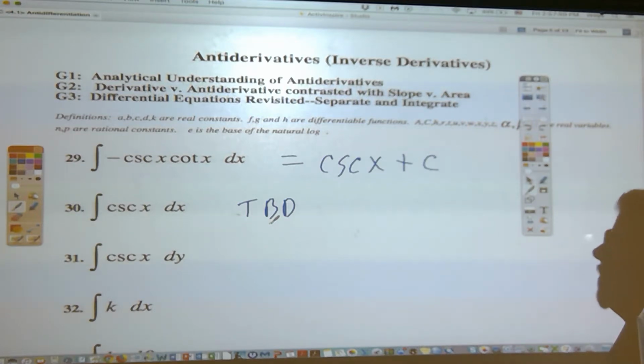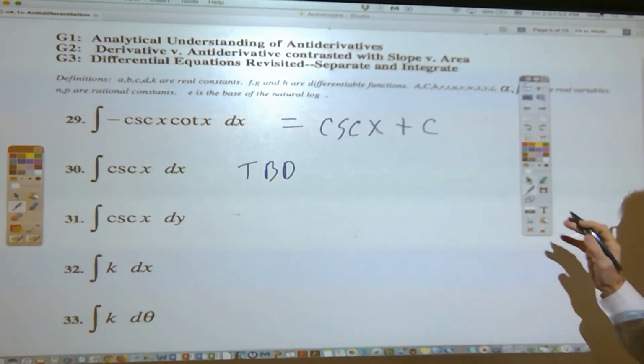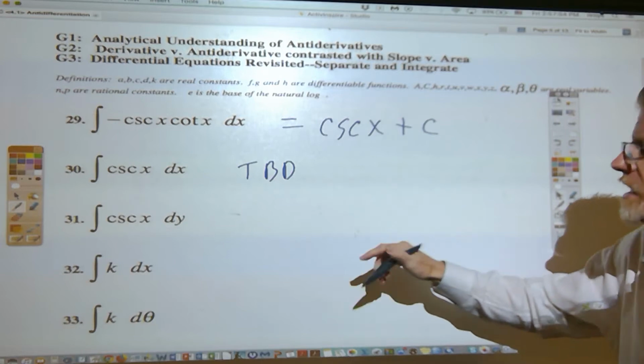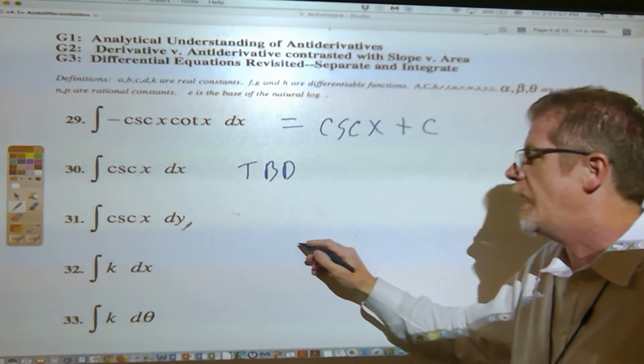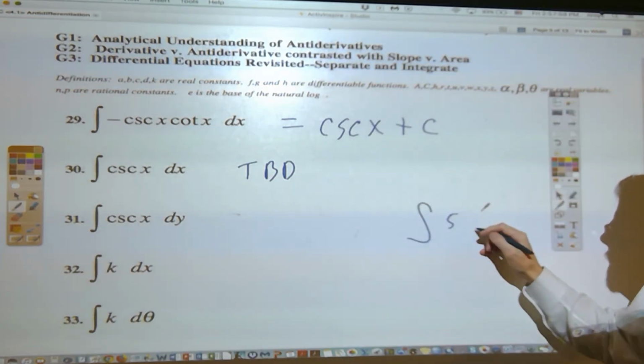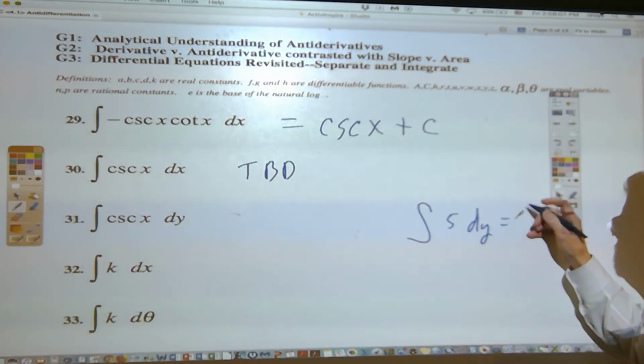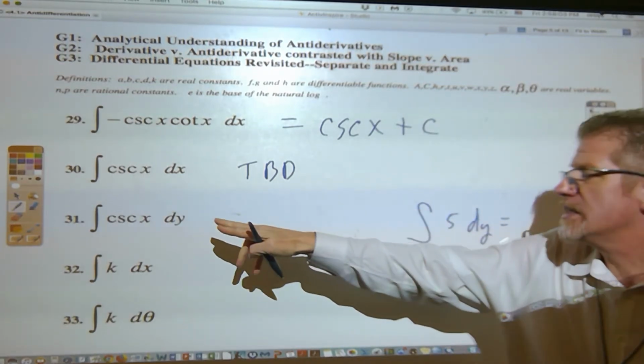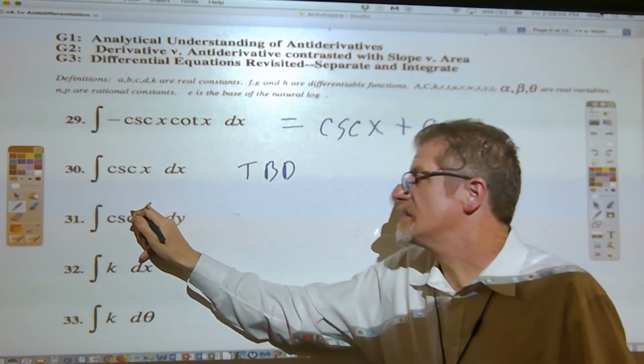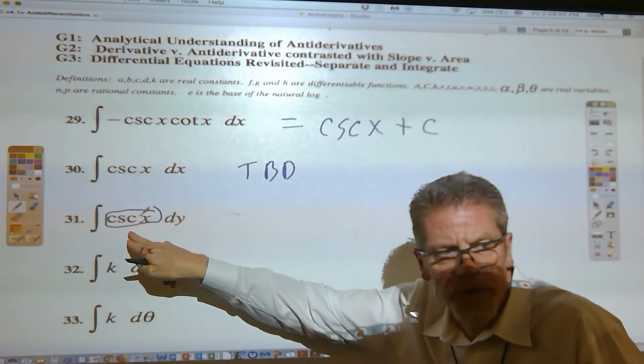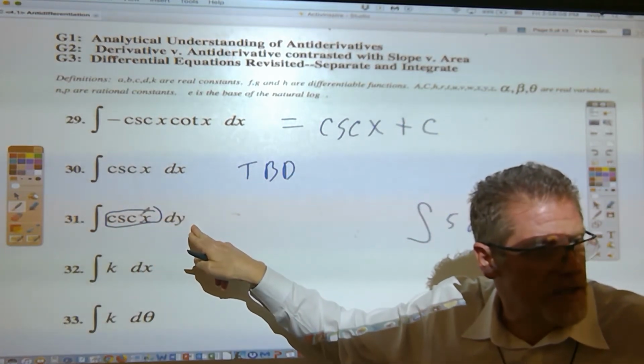However, we can do number 31. Surprisingly, number 31 is deceptive because this is an x and that's a y. It's just like the antiderivative of 5 dy. If these letters don't match up, then treat this as a constant with respect to that.